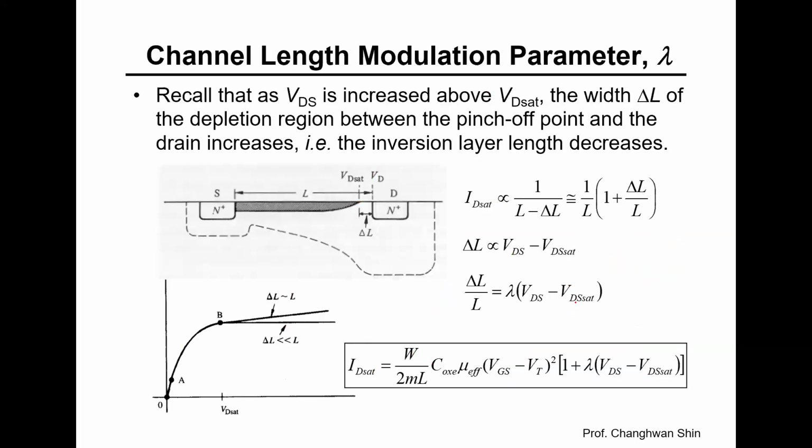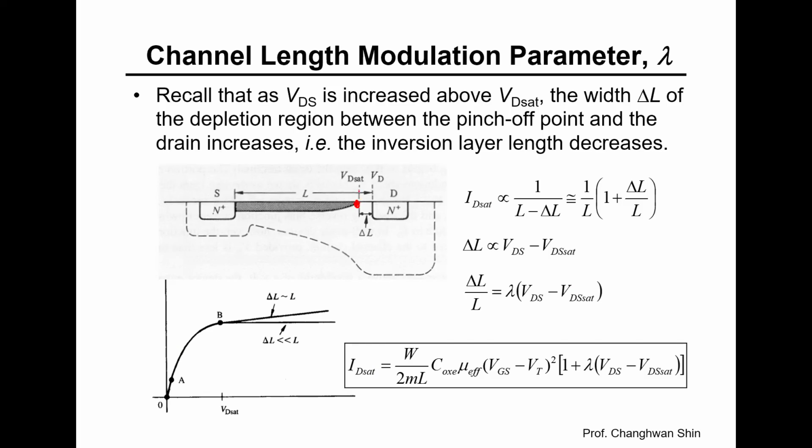All right. Now let's move on to the channel length modulation parameter, lambda. As we have discussed earlier, when VDS, the drain to source voltage, exceeds VDSAT, the channel pinches off, right?